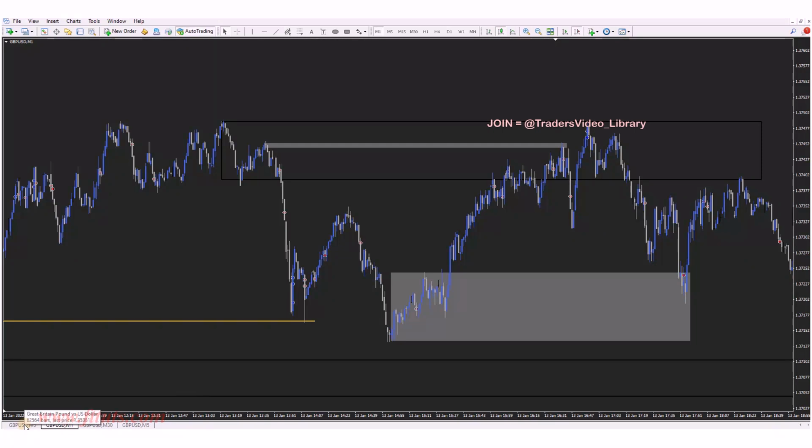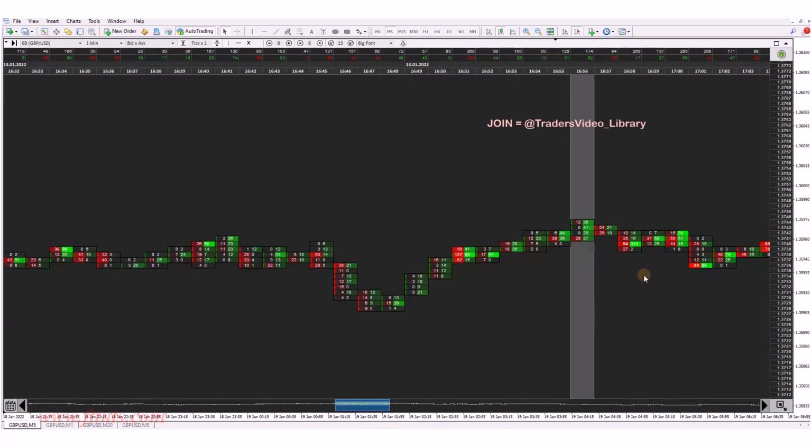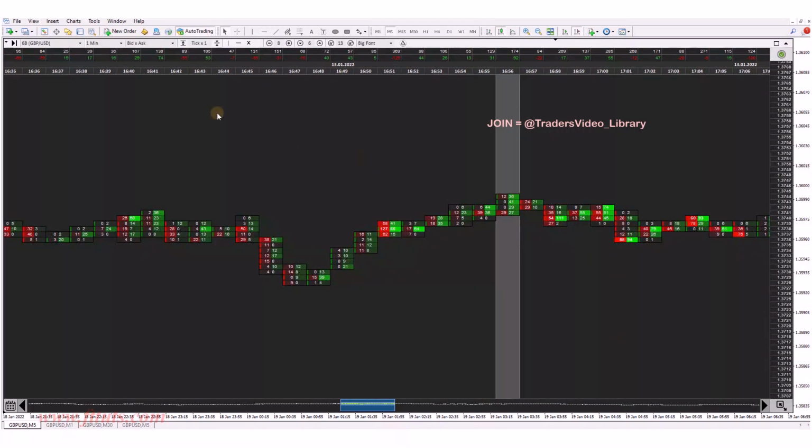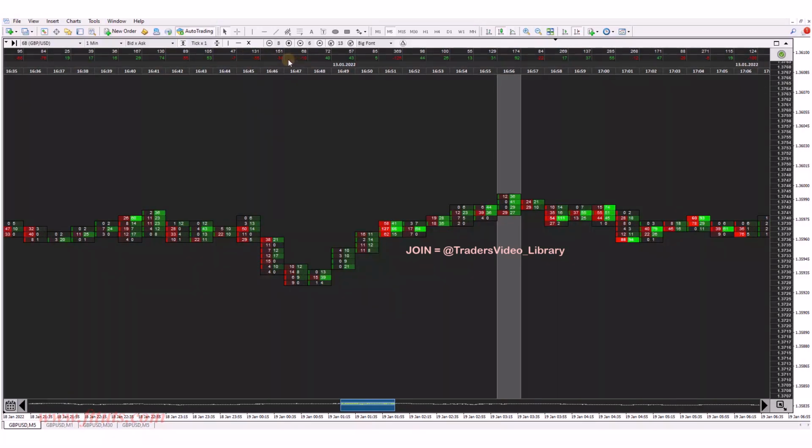Let's switch to the footprint chart. Yes, here we have the signs of a shift in delta. It is a big change, negative delta in the supply, so we can really expect the incoming move. What I found here, this is the high volume candle.